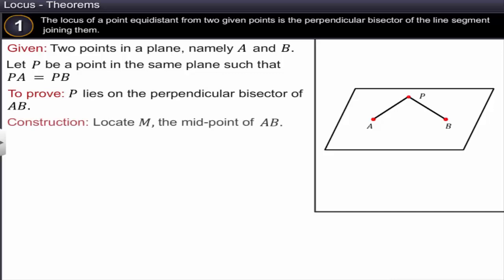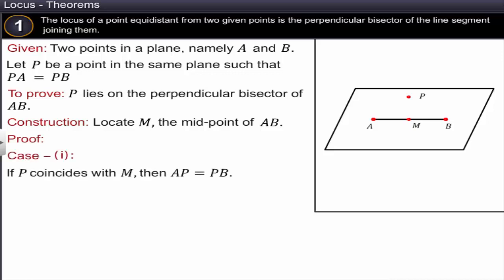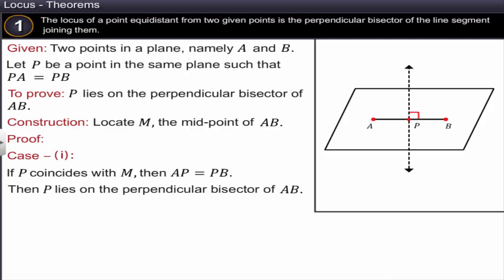We begin by locating the midpoint M of AB. Now, let's prove this theorem. Consider the case when point P coincides with M. Then, AP is equal to PB, since M is the midpoint of AB. This means P lies on the perpendicular bisector of AB.